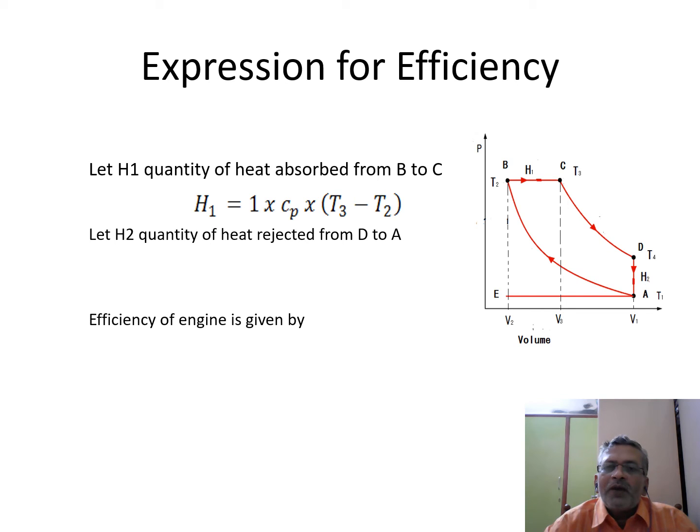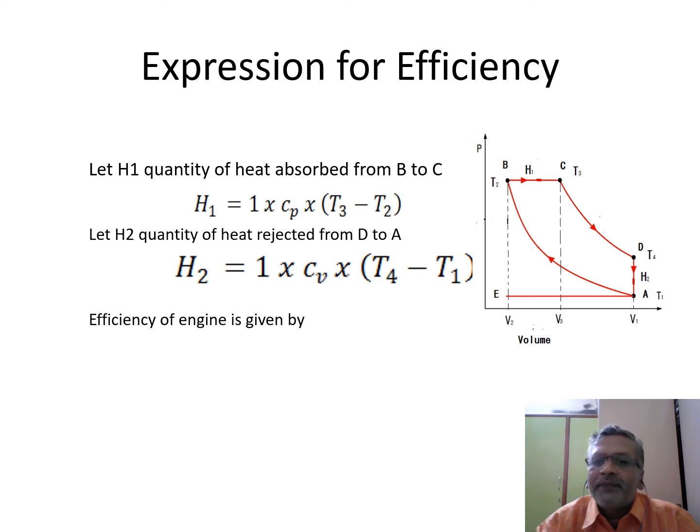And H2, the quantity of heat rejected from D to A, is given by H2 is equal to 1 into Cv into (T4 minus T1), as 1 kg of mass of a substance is heated at constant volume with a temperature difference of T4 and T1, from D to A.